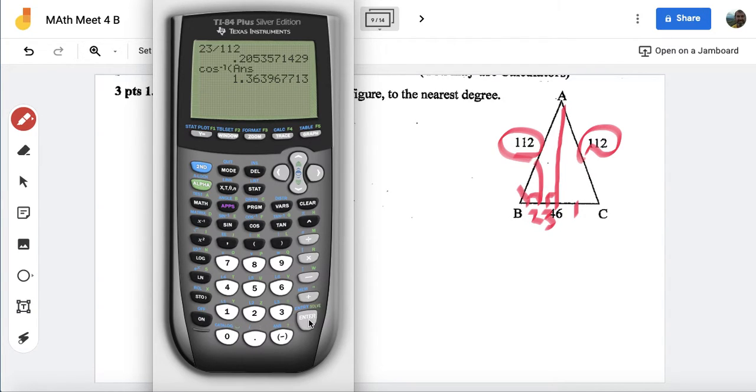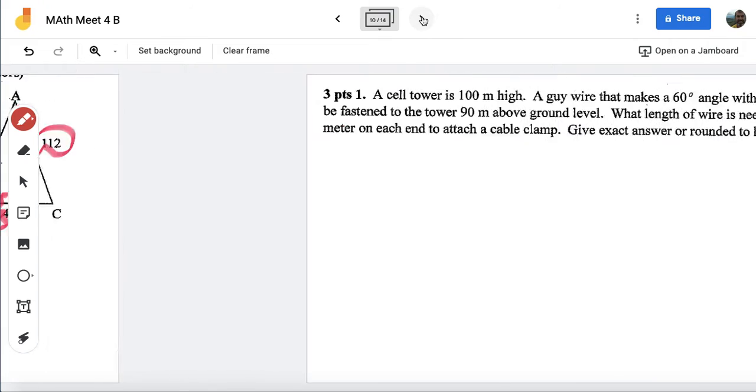I don't want to have to retype it all. Oh, didn't like it. All right, I'll try again. 23 divided by 112 equals, inverse cosine of that answer, 78 degrees. Wow, that took a long time.